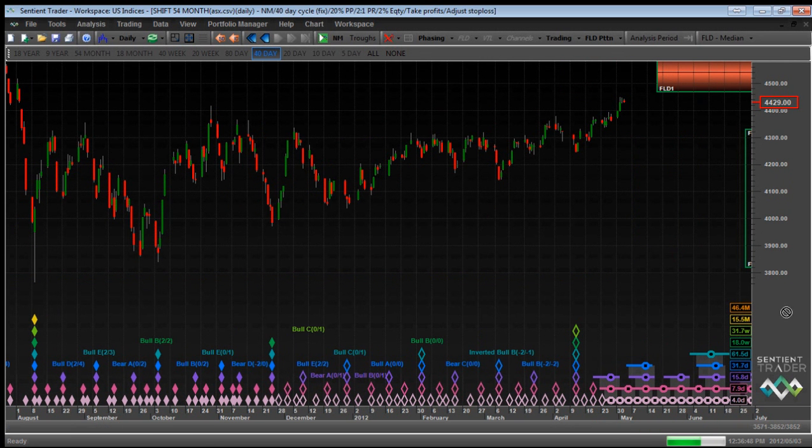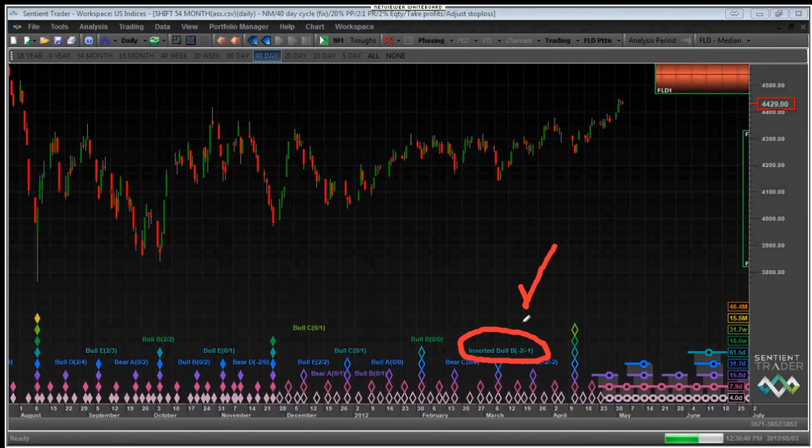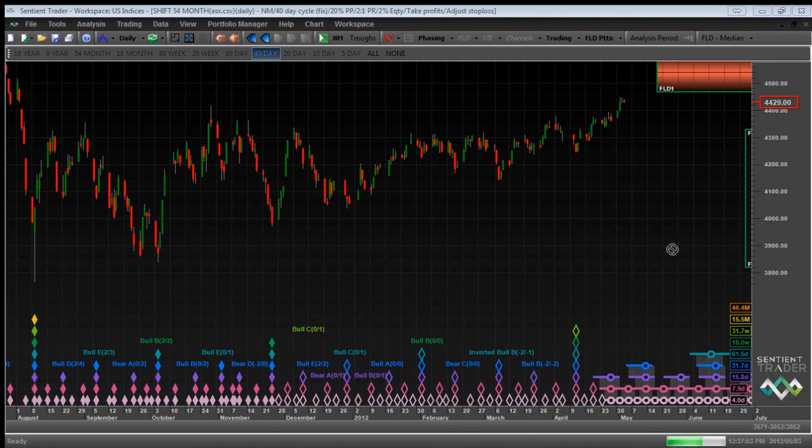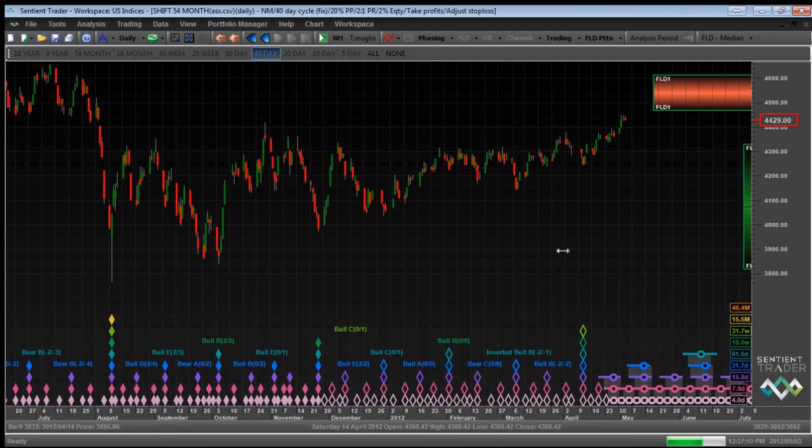And there's a very, very easy way of viewing the inverted shapes. You simply turn on the sentient trading methodology if you have the trader edition of Sentient Trader, and as you can see there, it tells you what all the shapes of all the cycles are, and it tells you there's an inverted bull shape at the 80-day cycle level.